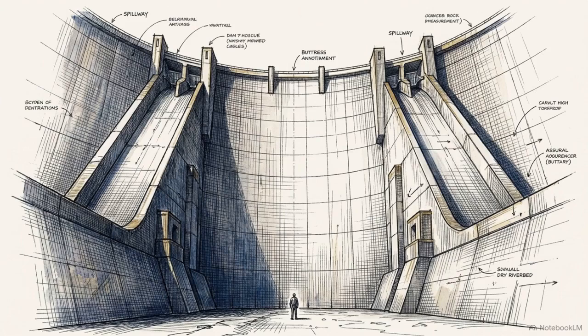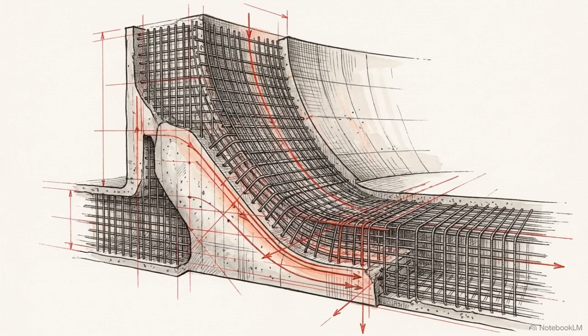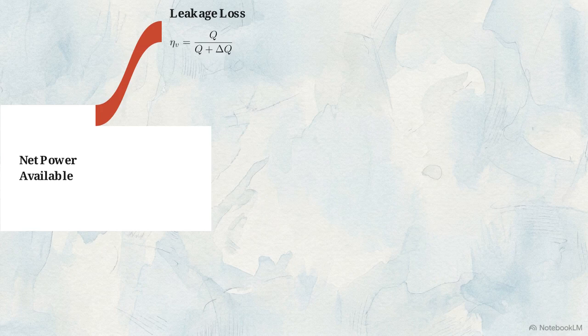The turbine never has access to the full theoretical potential of the reservoir. The concrete and steel architecture of the dam charges an energy tax before a single drop of water even touches the blades. Once the water reaches the powerhouse, energy escapes through nozzle friction, eddies, and bypassing the runner. First is volumetric efficiency, the ratio of water striking the blades versus total water supplied.